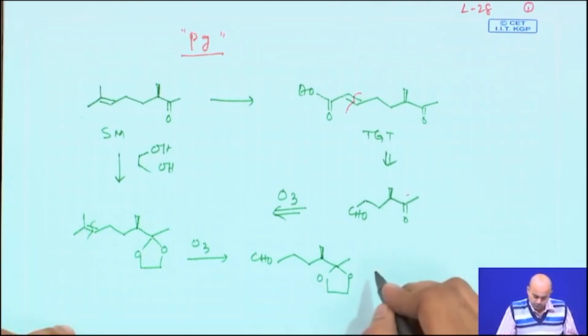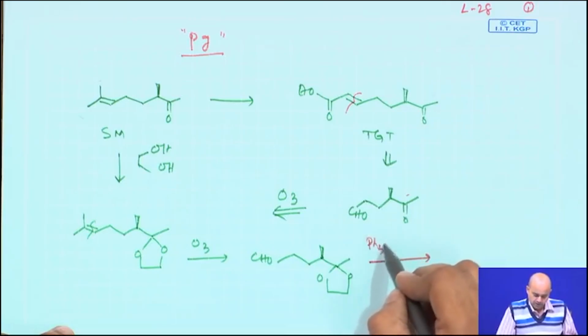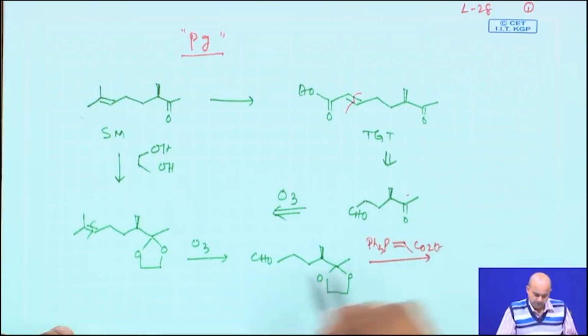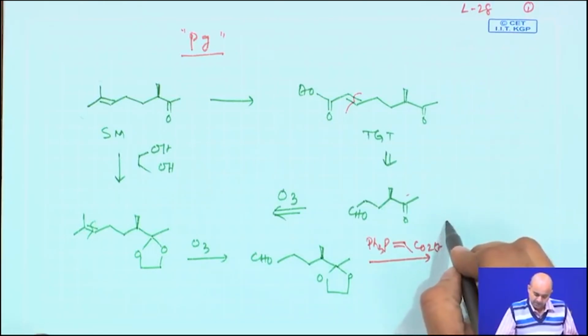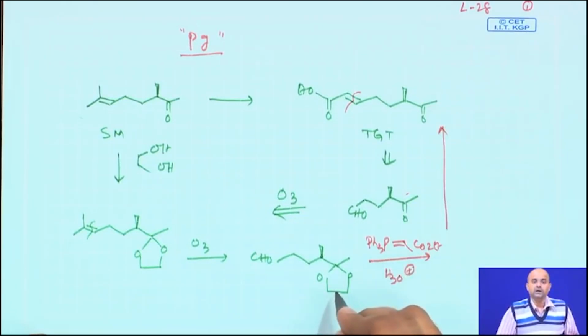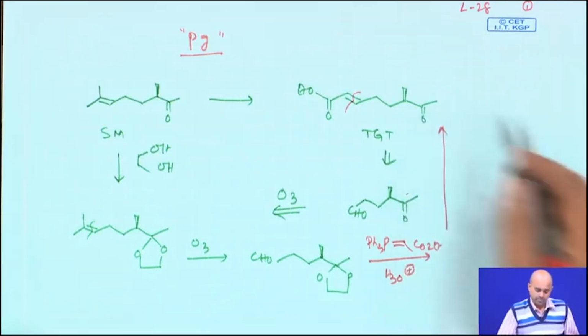Now, you are almost close. Now, you do the Wittig reaction. And then you see the Wittig reaction will now be working here, and once the Wittig reaction is done, you just remove this ketal to come back to your target molecule.